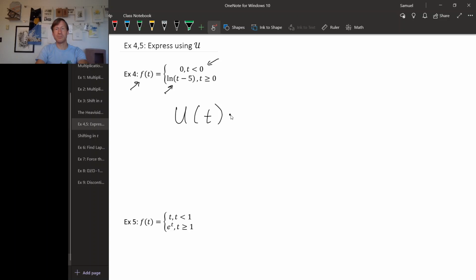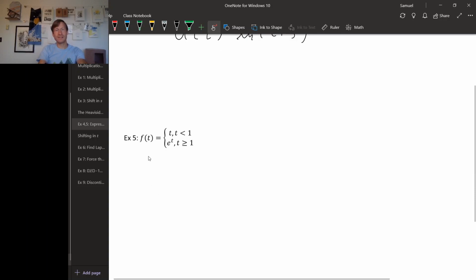And then we're going to multiply this by the function that we want to turn on, and the function we want to turn on is natural log of t minus 5. Okay, so I guess this wasn't a great choice because t minus 5 isn't even defined for some positive t values, so why don't we make this t plus 5? There, that works better.